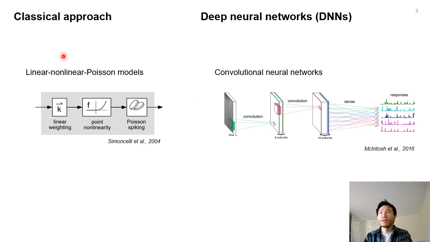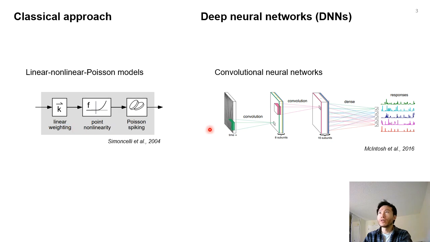Classically, these approaches use linear nonlinear Poisson models and their variants. Here is an example. The linear nonlinear Poisson models learn the linear weights and the nonlinear functions for each neuron.